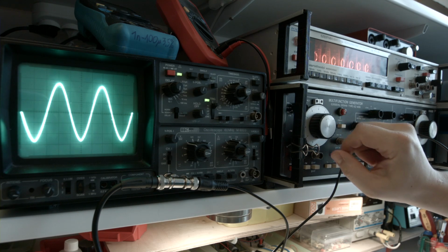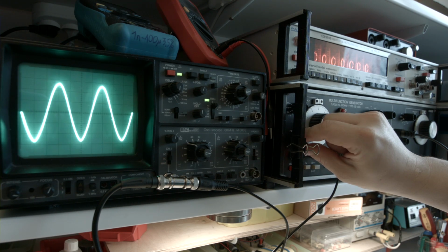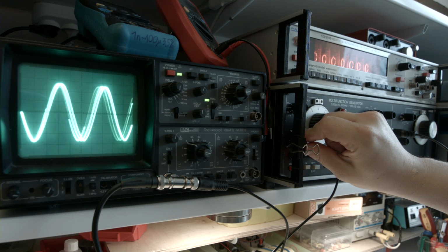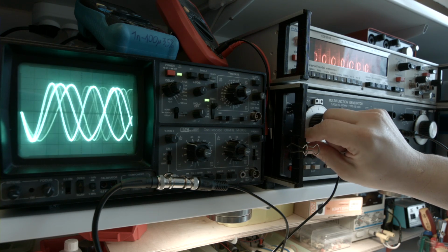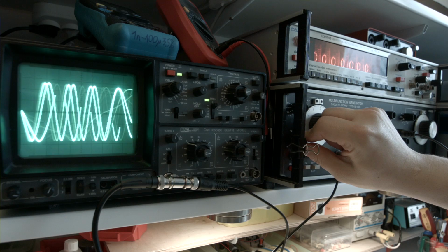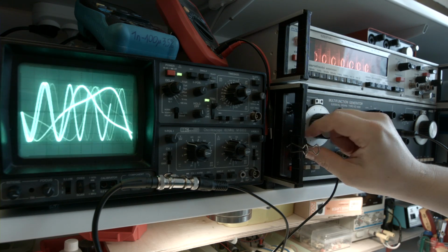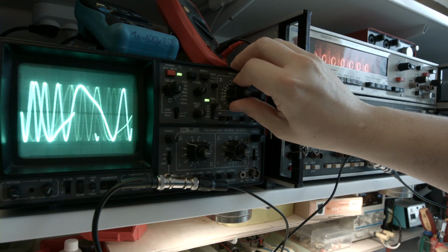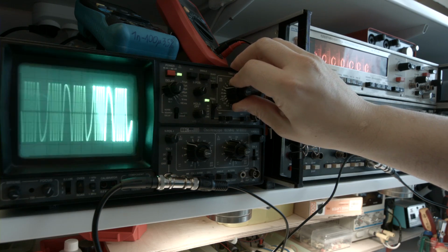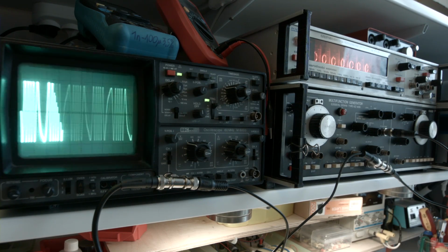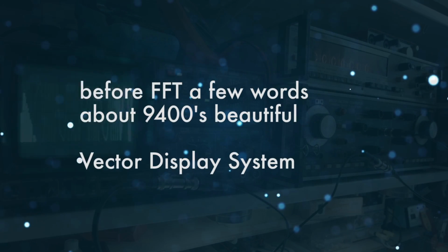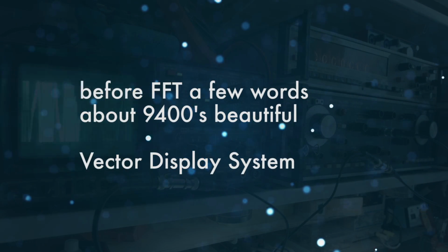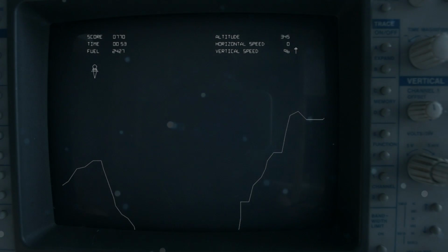Okay, so we are increasing the modulation factor now. We're getting a very nice rich signal. Let's switch to the digital oscilloscope and see it in spectrum analysis. Okay, what's the vector display system?